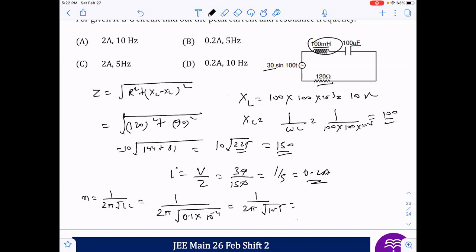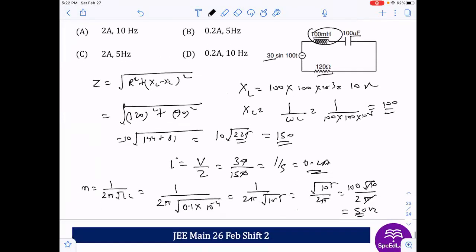So you can take this term upside, 10 to the power 5 divided by 2 pi, and root of 10 to the power 5 gives 100 root 10 divided by 2 pi. Root 10 cancels, and n is 50 hertz. So n is 50 hertz and current is 0.2 ampere.